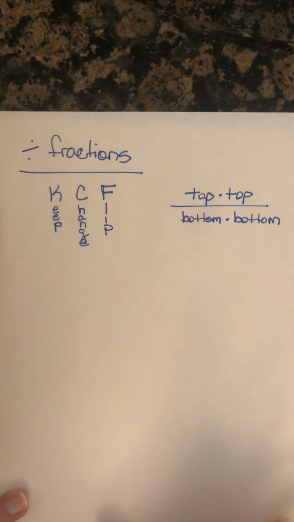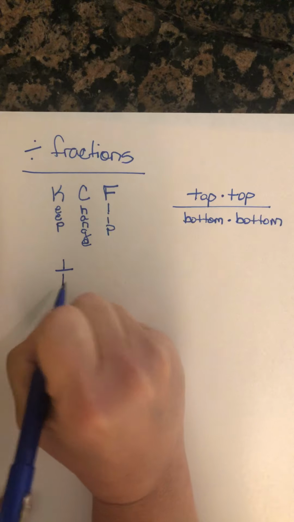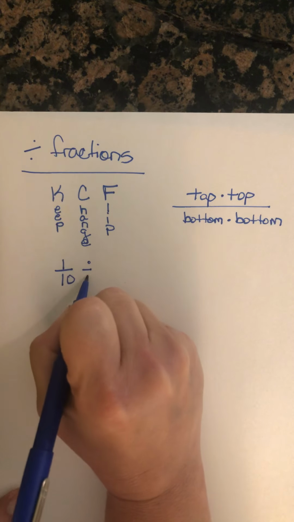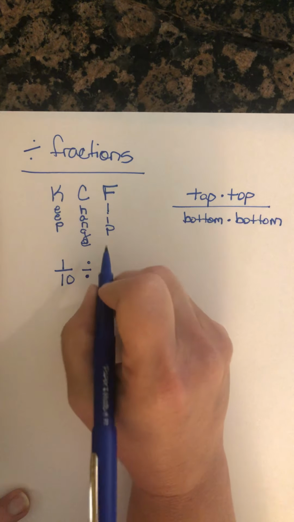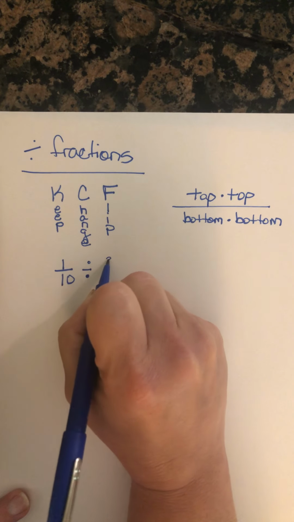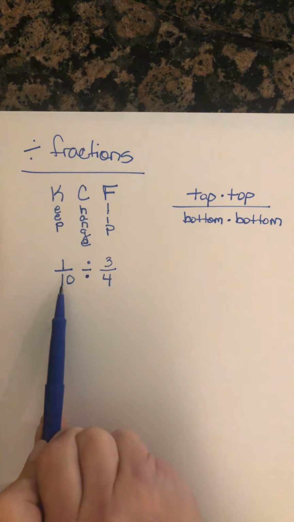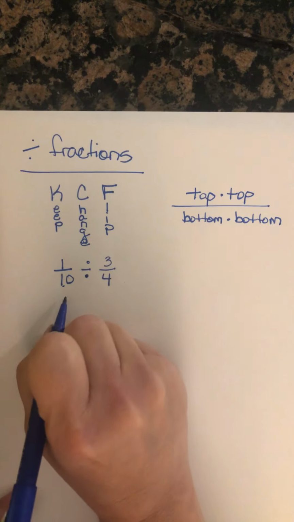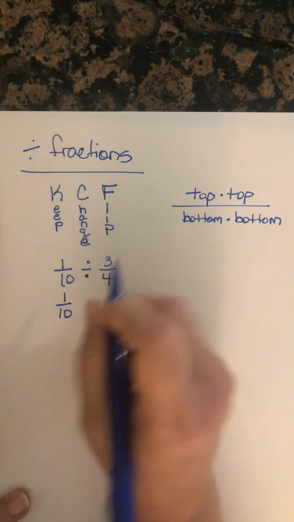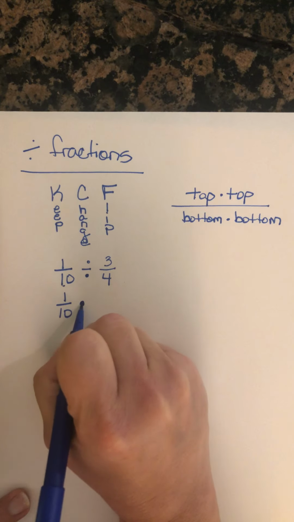So the first example I'm going to do is 1/10 divided by 3/4. So the KCF is keep, so I'm going to keep my 1/10. Change, I'm changing division to multiplication.